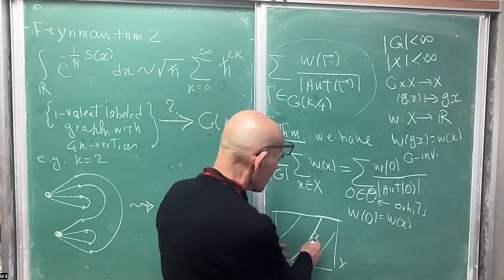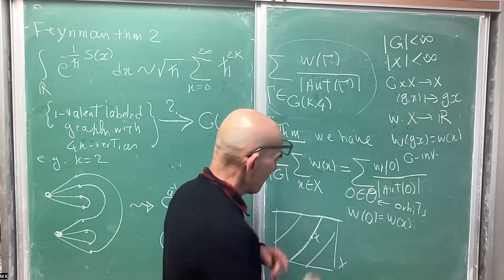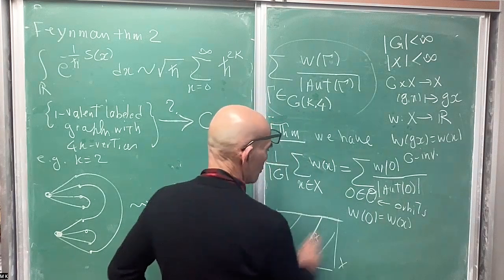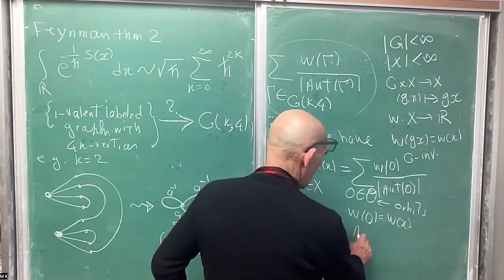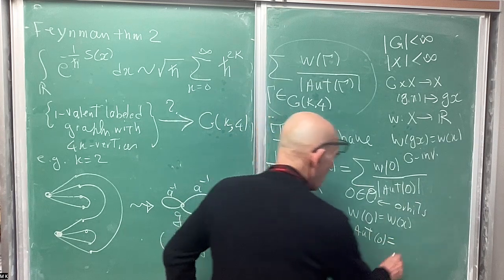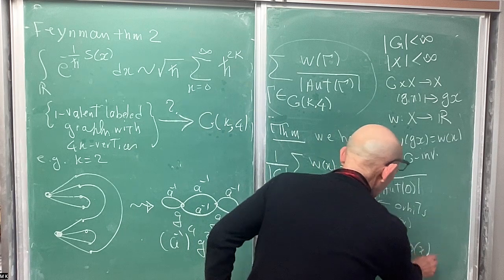But we cannot just simply sum these numbers over orbits. We have to look at the automorphism group of this orbit. So what is the automorphism group of an orbit? Again, this is really the isotropy group of any x.